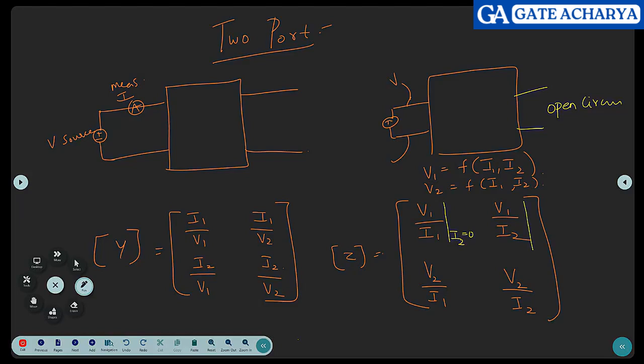And how do you do that here? Open circuit. And here it will be short circuit. There are only two sources. If you are working with one source, the other source should be silent. Since we do open circuiting here, we call the Z matrix open circuit modeling.